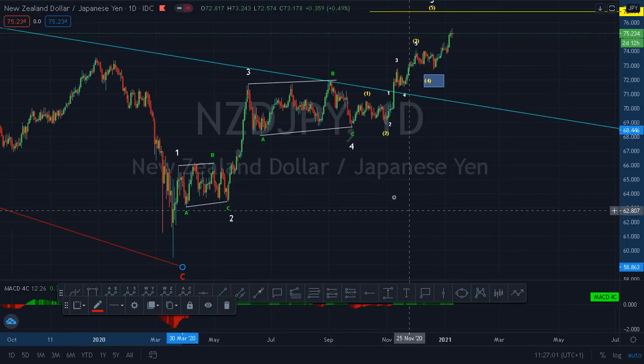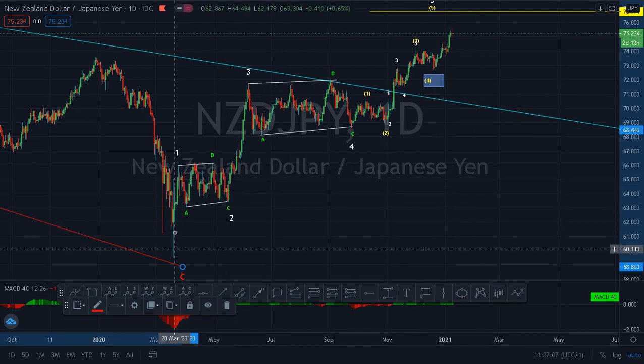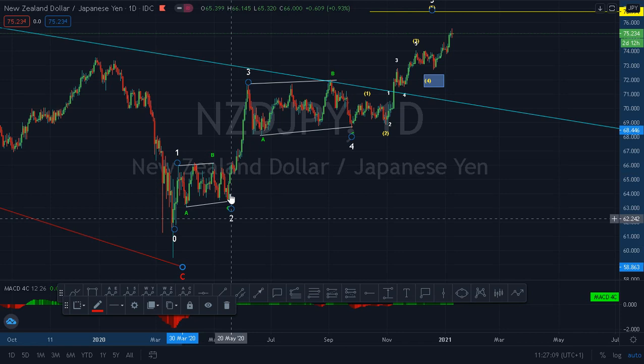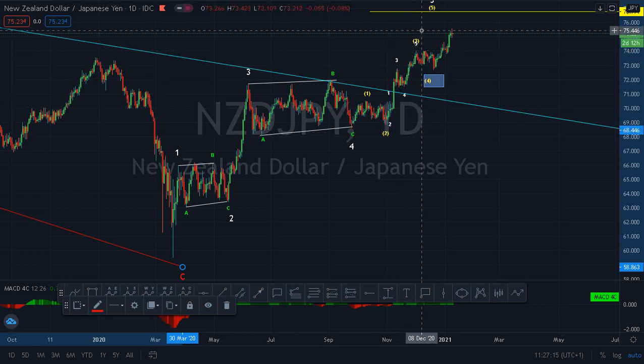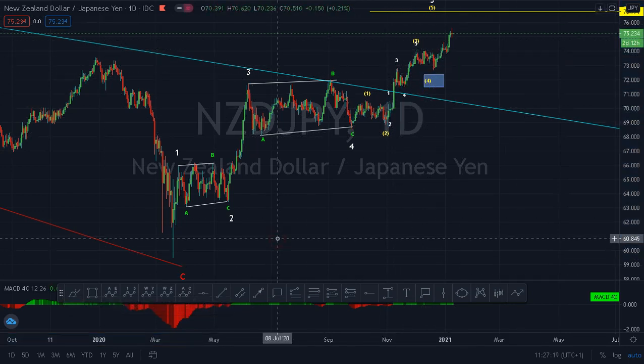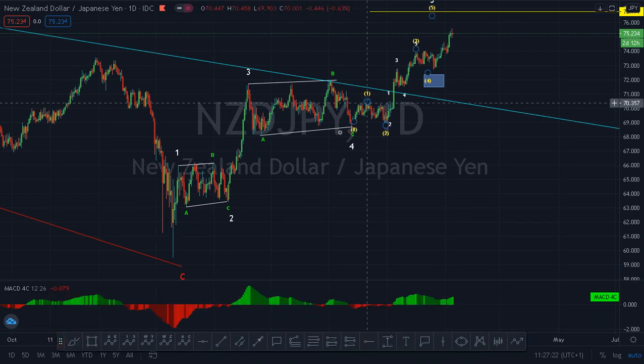Let's go to daily. Daily, this has been long. This is wave 1, A, B, C, wave 2, wave 3, A, B, C, wave 4, and wave 5. Wave 5 is about to complete. So I think we go down to wave 4, for us to see it in a clearer form.